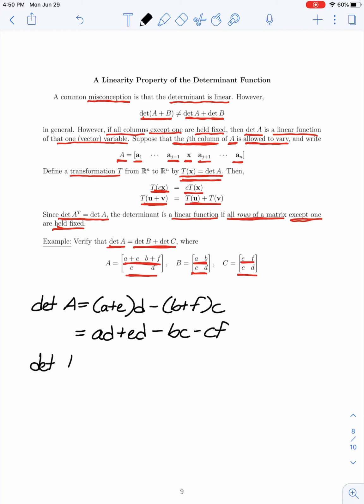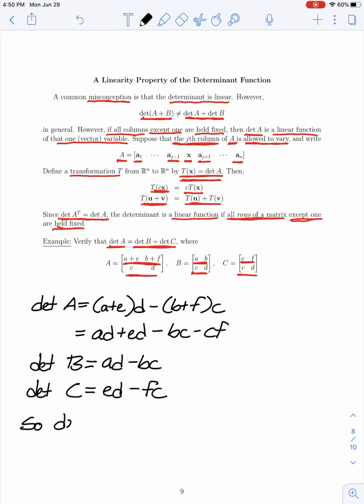Now, the determinant of B is given by AD minus BC, and the determinant of C is given by ED minus FC, or CF.